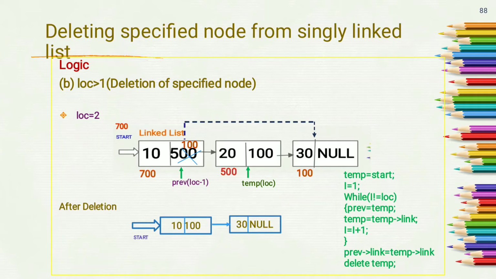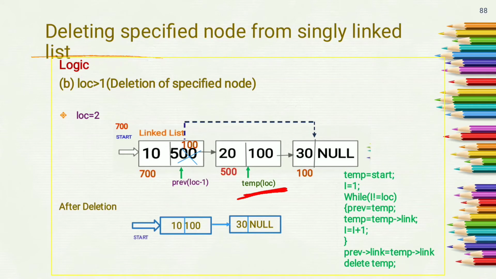So here we want to move temp to the second node. When this node is deleted, we have to change the link part of the previous node to the address of the next node of temp, having address 100.